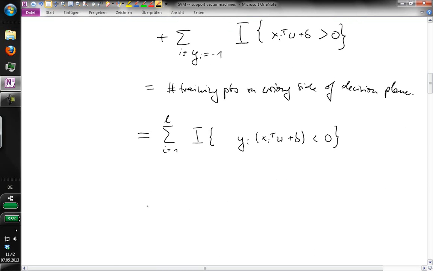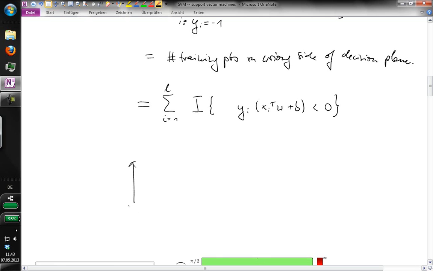Okay, I can now plot this thing in terms of this aggregate quantity. So if I write yi times xi transpose w plus b, I'm now plotting this function here.